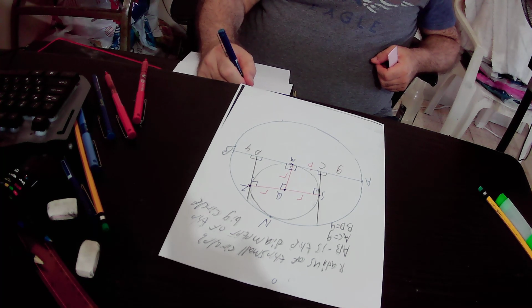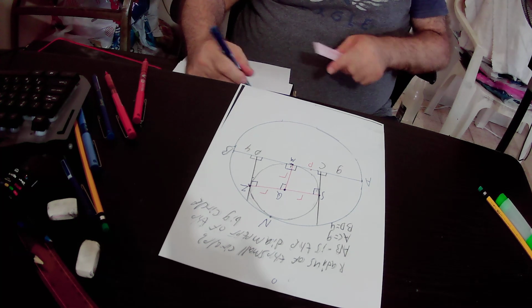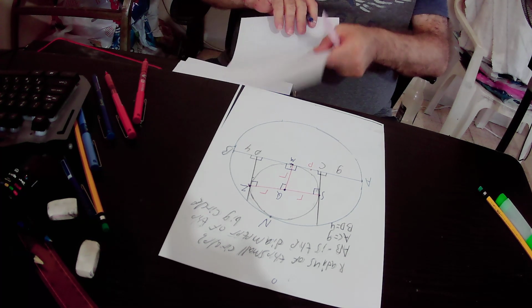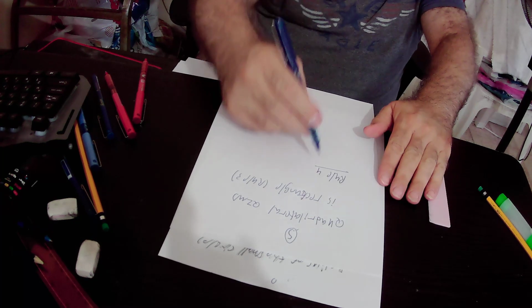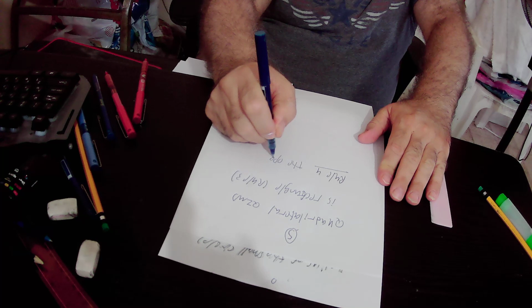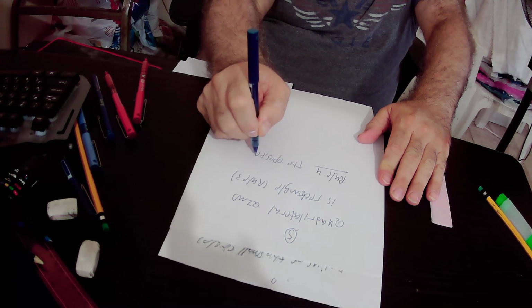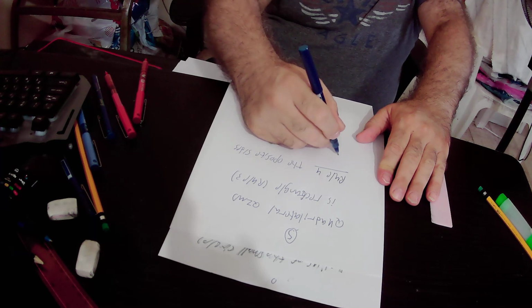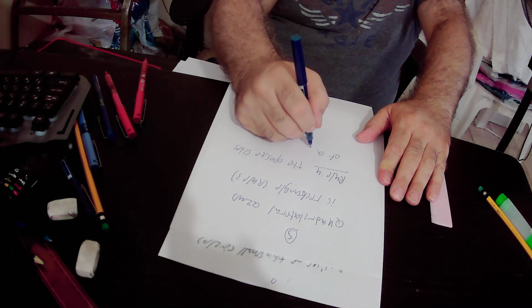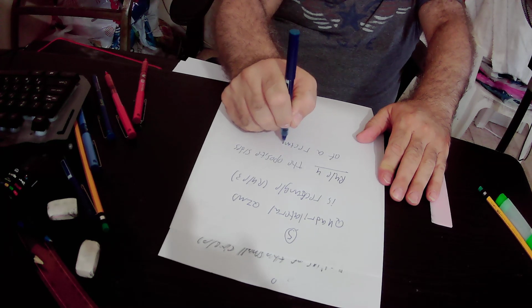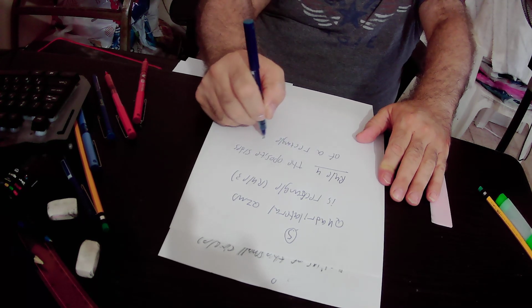Okay, rule number 4 states that the opposite sides of a rectangle are equal to each other.